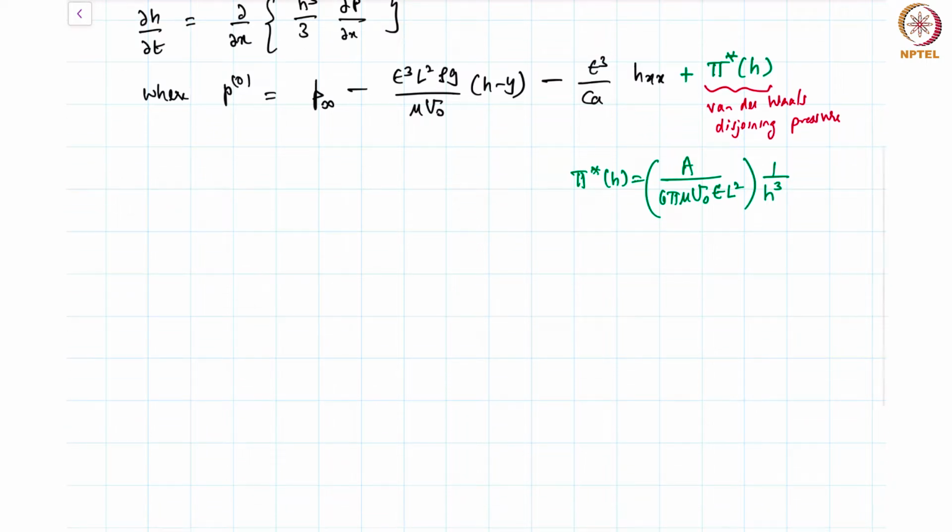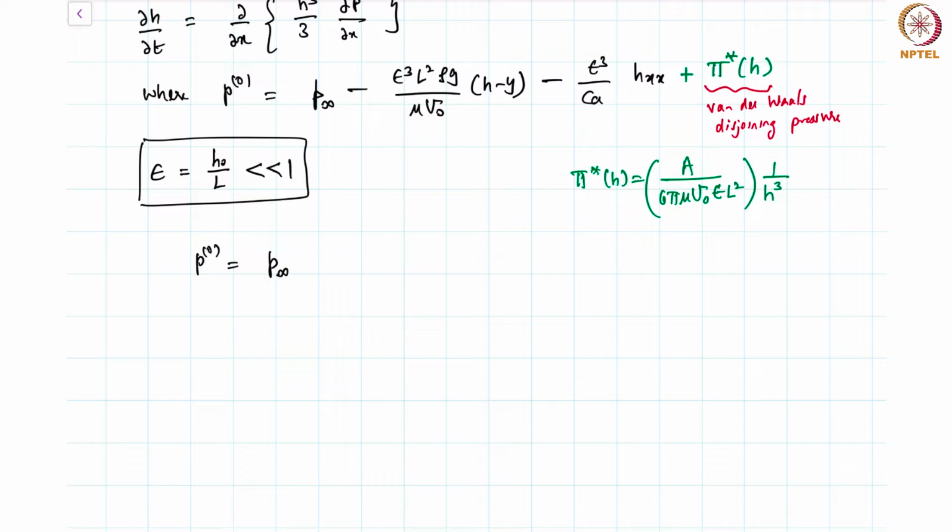For example, this term pressure P0 will become, we have to remember that epsilon for us is H0 by L, which is much smaller than 1. So wherever there's L, I'll replace it with H0 by epsilon.